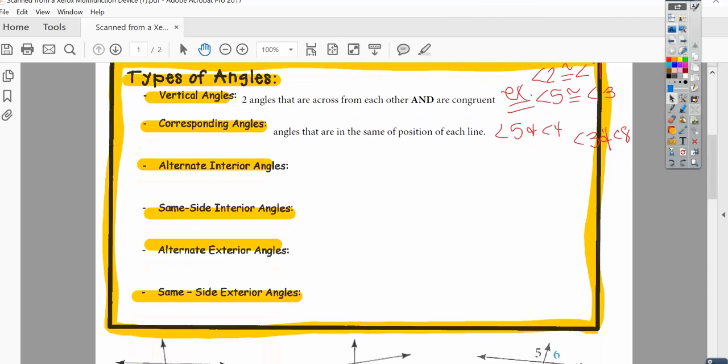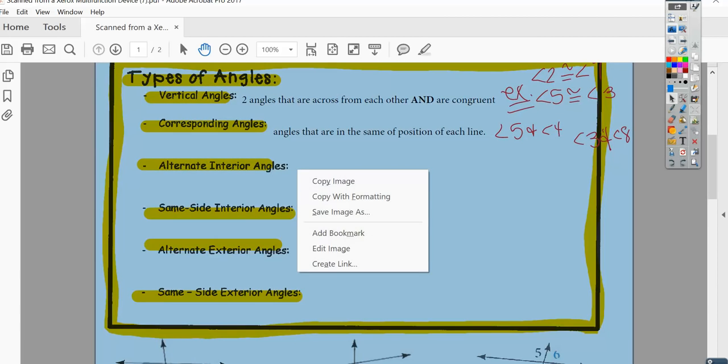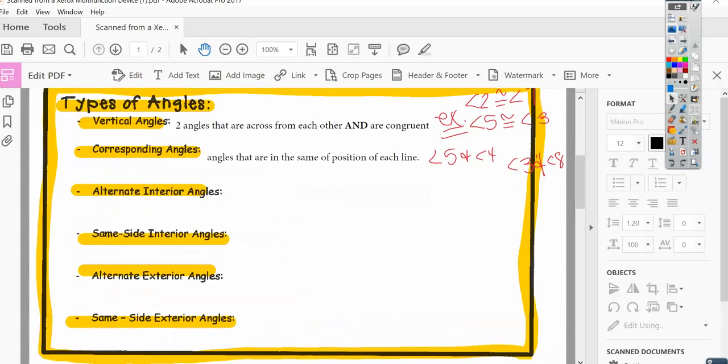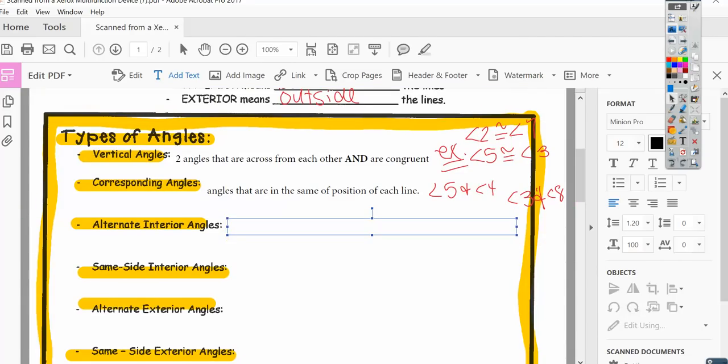Okay. So if we now come over here and we talk about alternate interior angles, add text. Alternate interior angles are exactly what they sound like. They are interior angles that are on opposite sides of the transversal and position.